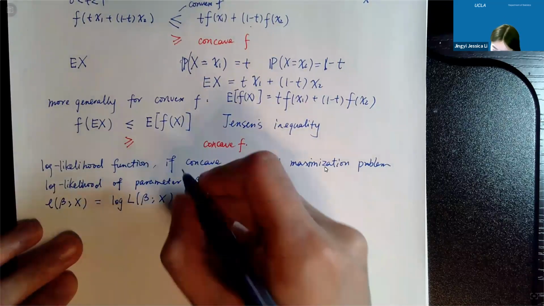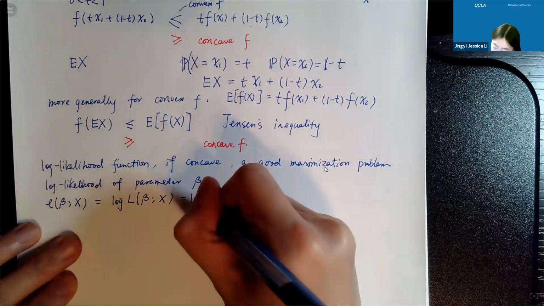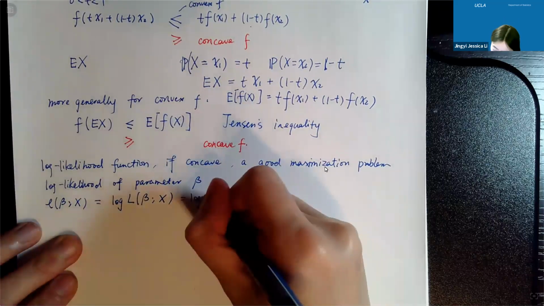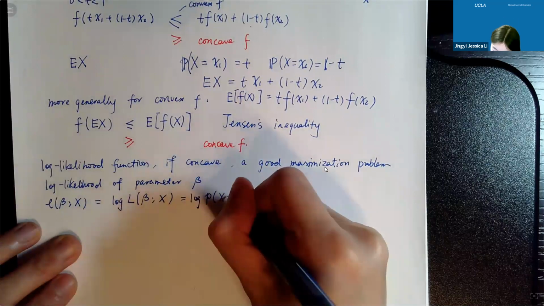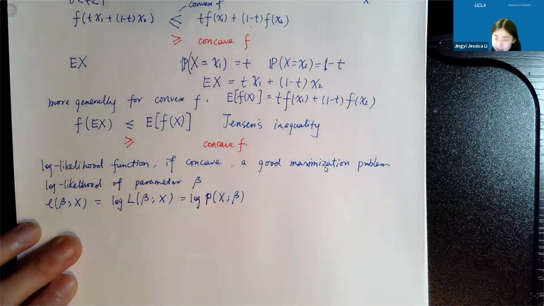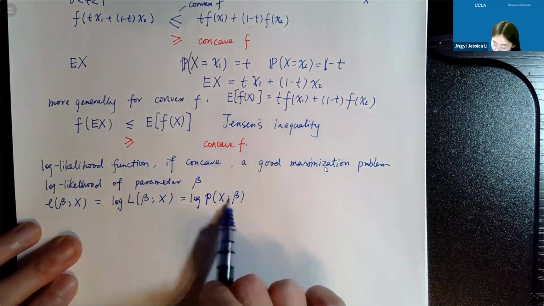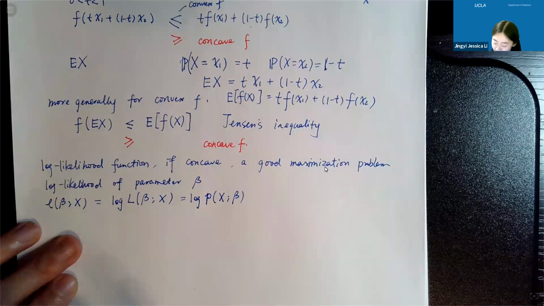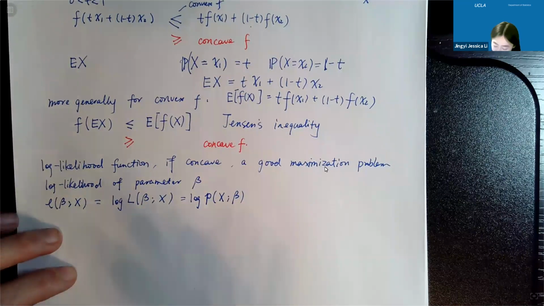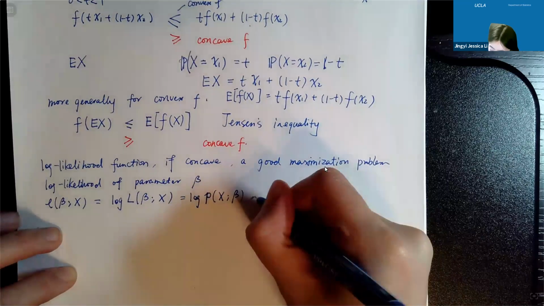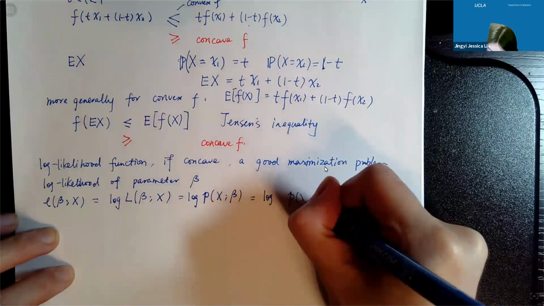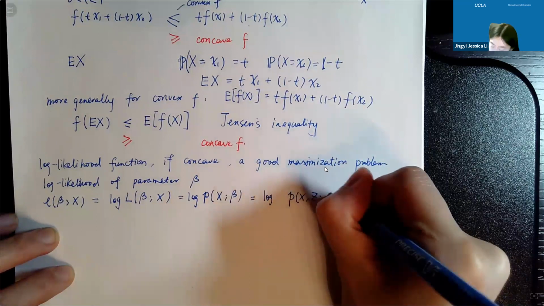I'm just going to go one more step. So this is equal to the joint probability of X given beta, right? And we know that to obtain the marginal probability for X, we need to marginalize, that is, integrate out Z from the joint f(X, Z, beta).